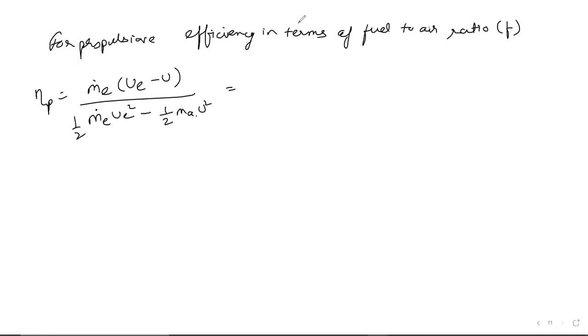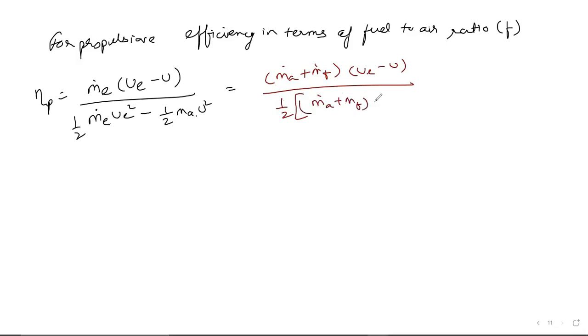If I want to convert here, ME can also be called MA plus MF, UE minus U, divided by half, taking half common, then MA plus MF UE square minus MA U square.